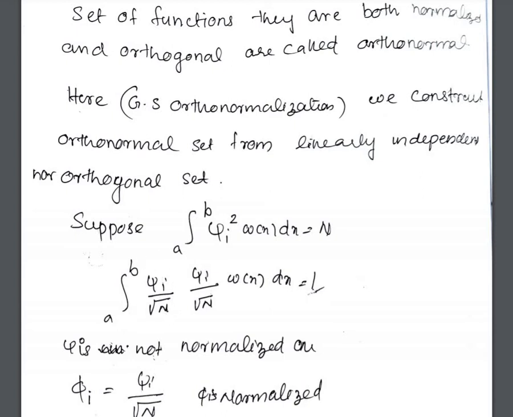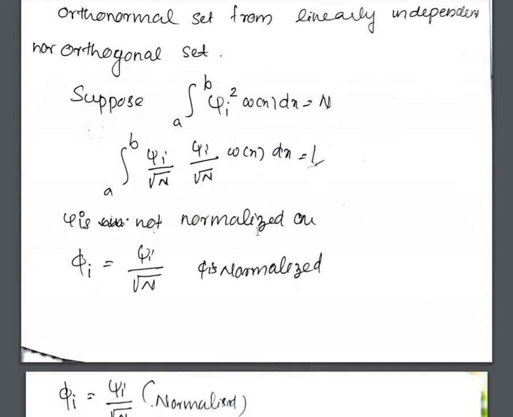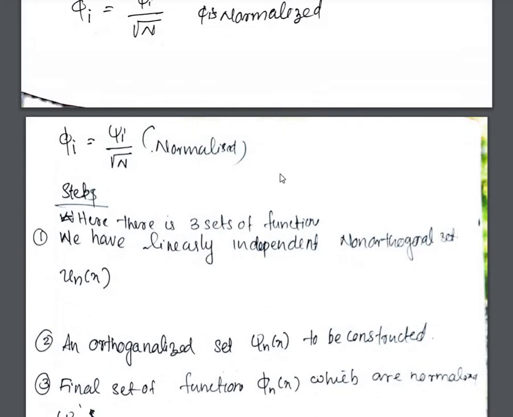Okay. So psi n is not normalized, but phi n, which is nothing but psi n by square root of n, is normalized. So this is orthogonal and normalized functions. So phi n is equal to psi n by square root of n.